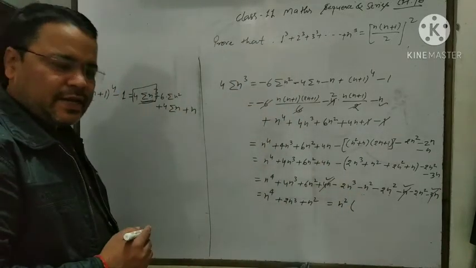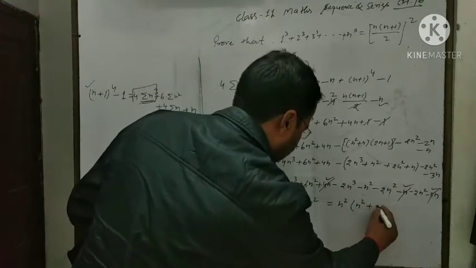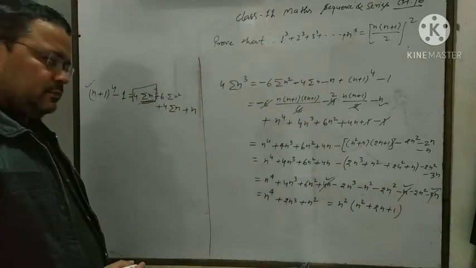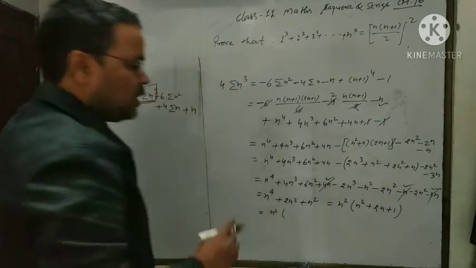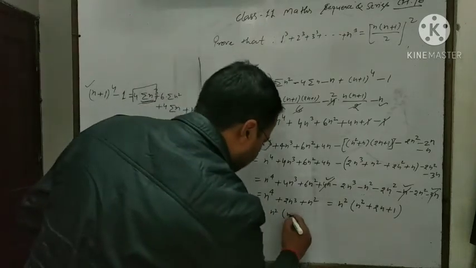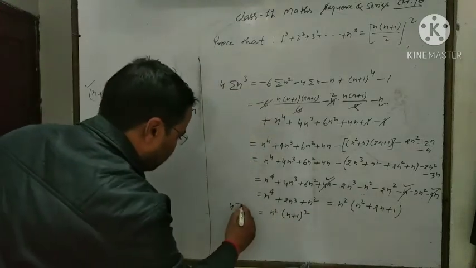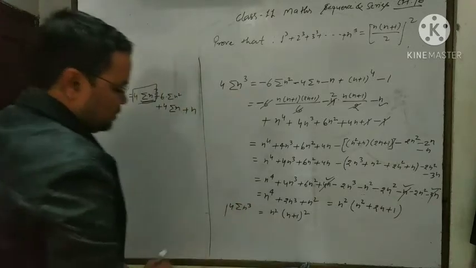If we take common n square, then it will be n square times n square plus 2n plus 1. Okay. Now n square plus 2n plus 1 is the expansion of n plus 1 whole square. It means 4 sigma n cube is equal to this much.